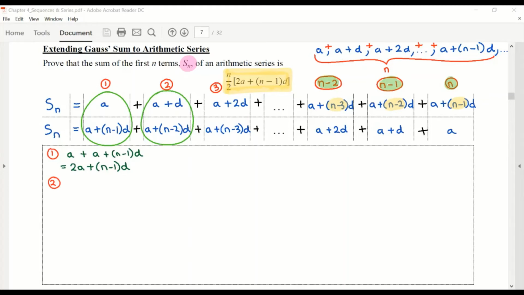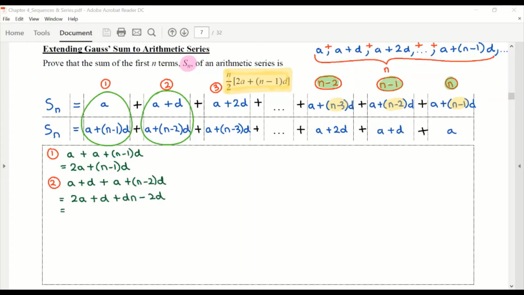If we do that, we're going to have a plus d for the first part, and then we're going to add a plus n subtract 2d. Now, let's collect like terms. Before we do that, it might be a good idea to expand the bracket, just so you're absolutely convinced by this. Or I'll collect the a's together. So that's going to be 2a plus d plus dn subtract 2d.